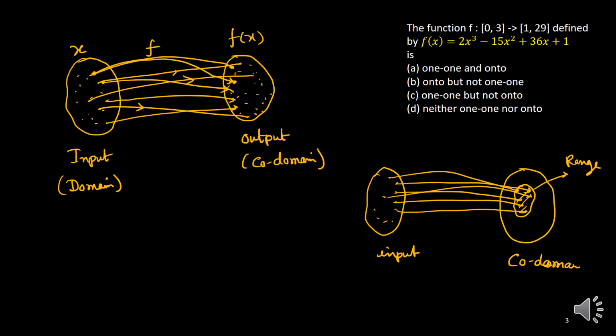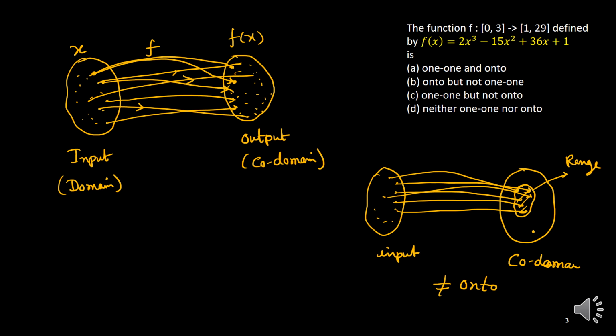Every one should be within this. So within this range we will find all the inputs, but the codomain may have some element here. This point is not mapped to any point in the input space. In that case the range will not cover the entire codomain, so it is not onto.